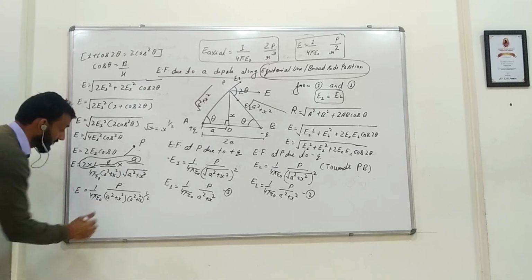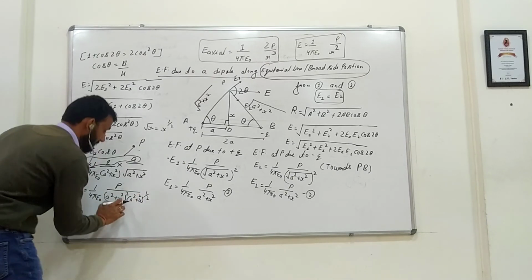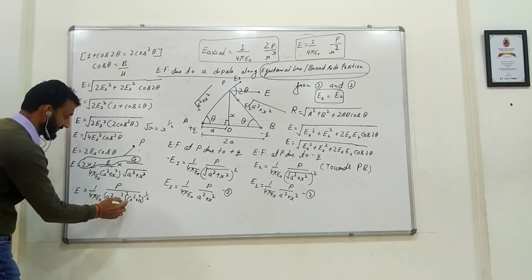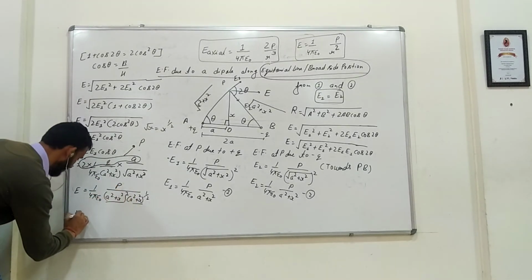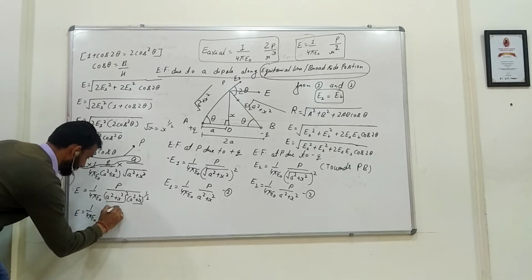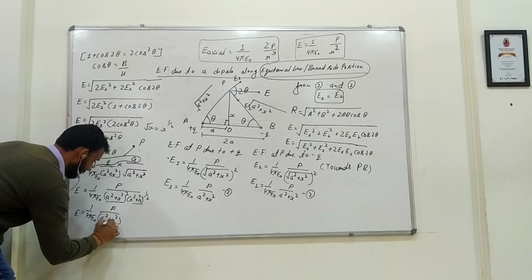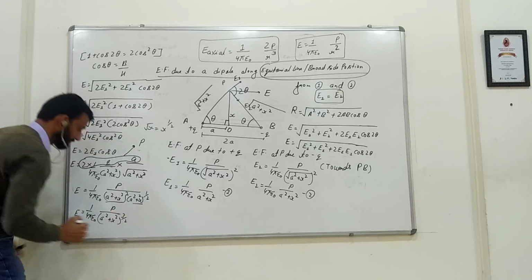A square plus x square whole power 1 multiplied by a square plus x square whole power half. Bases are same, their powers will be added up. 1 upon 4 pi epsilon naught P upon a square plus x square whole power 3 by 2.